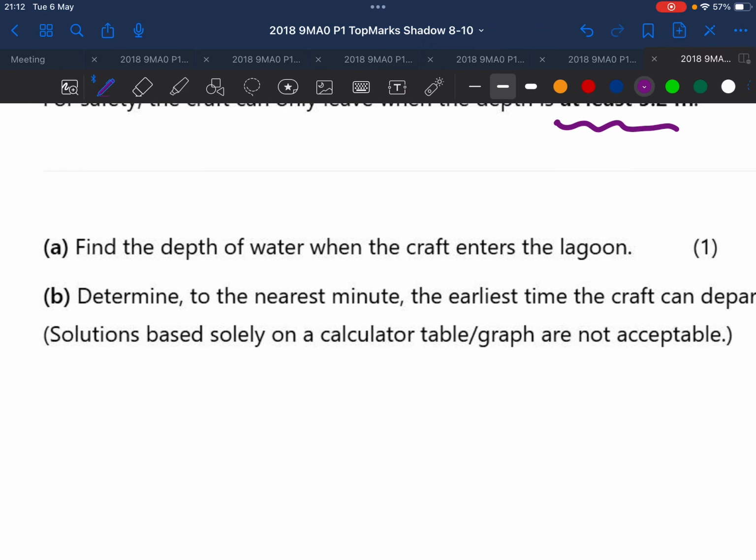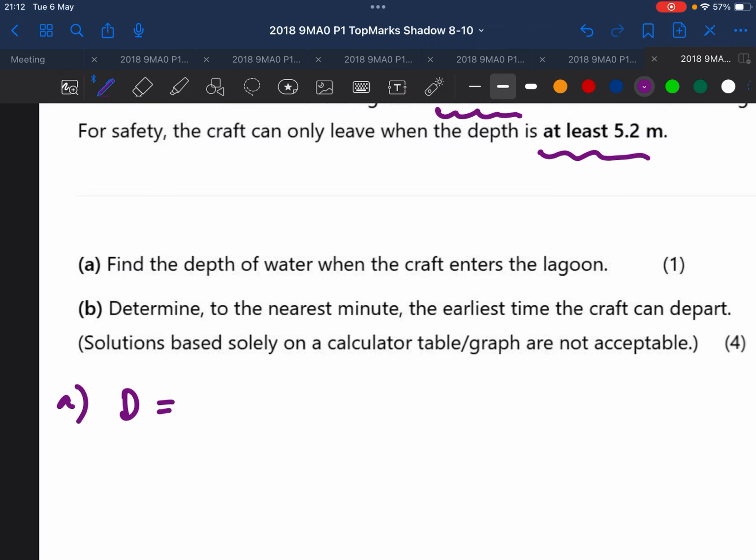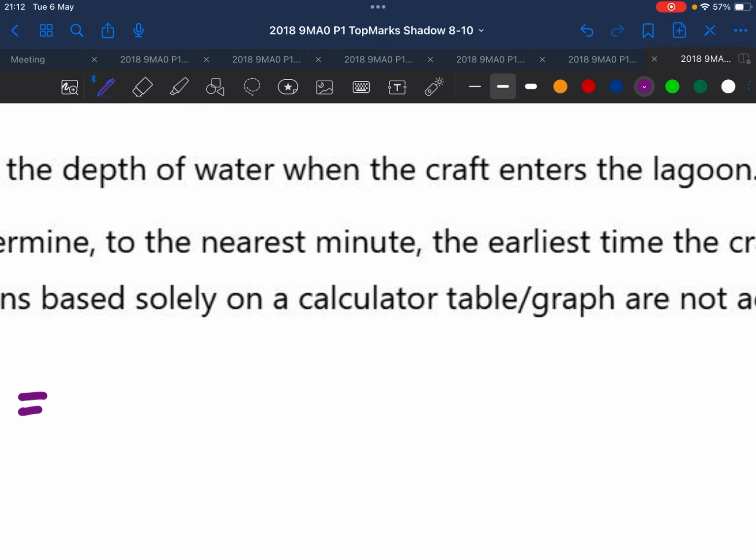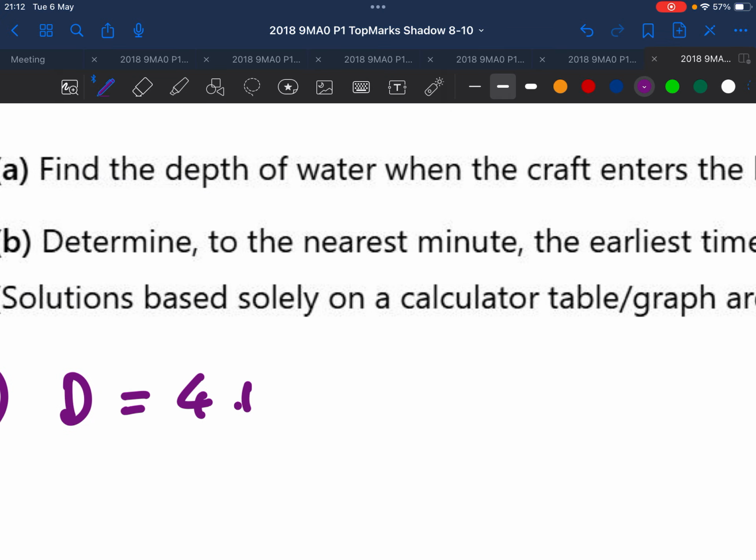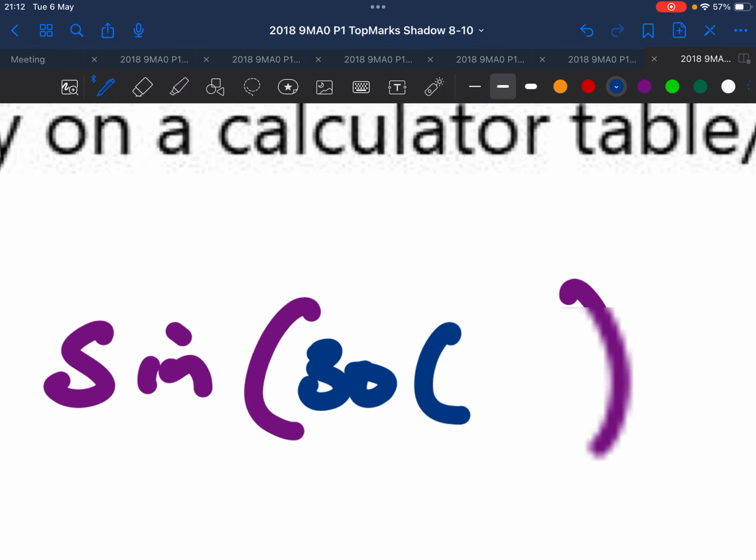Okay, so for part A, it's just going to be a case of D equals 4 plus 3 sine 30t, so that's 30 times, what was that number? It was 7.25.